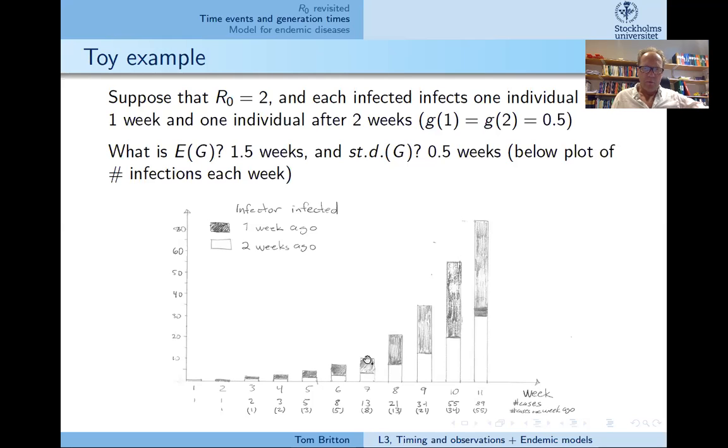And I have plotted this number, which was 8. I've marked that fraction with a black part of the bar. So we see that the black part of the bar actually makes up more than 50%. So here we have 89 in total, and 55 of them were infected by people 1 week earlier. I'll come back to this.